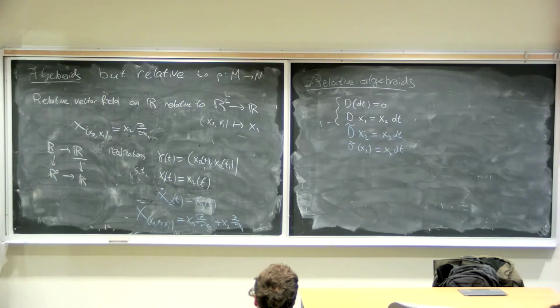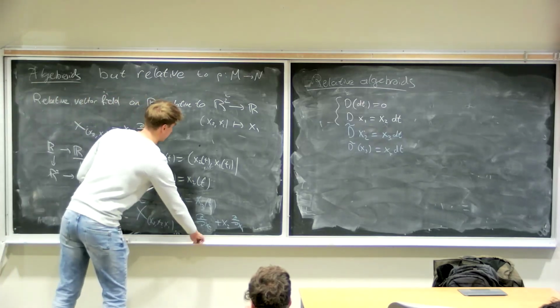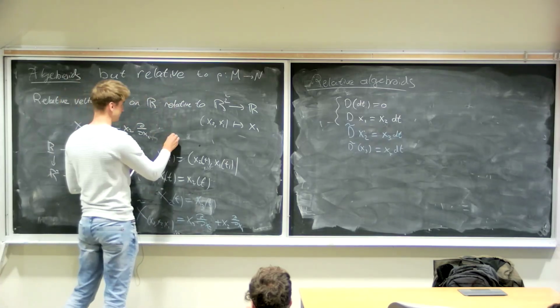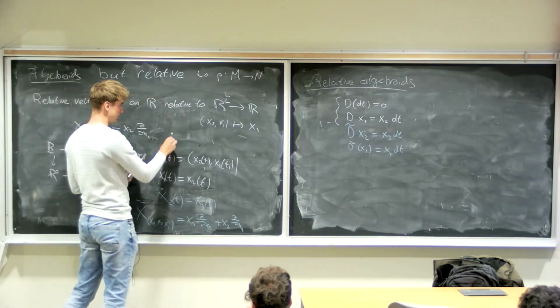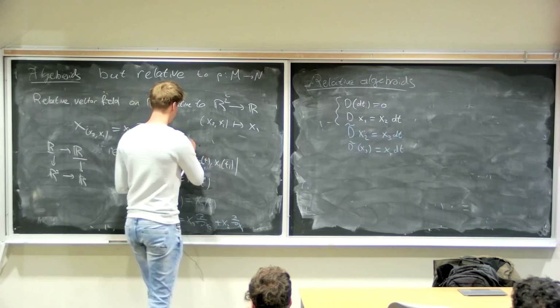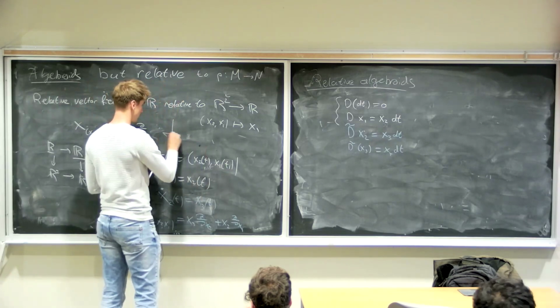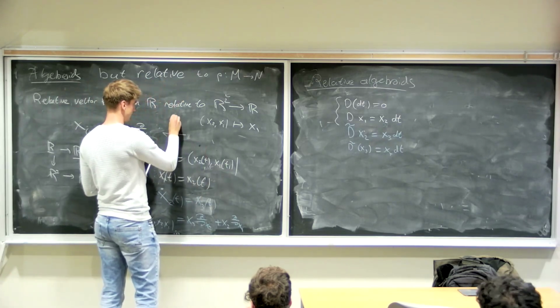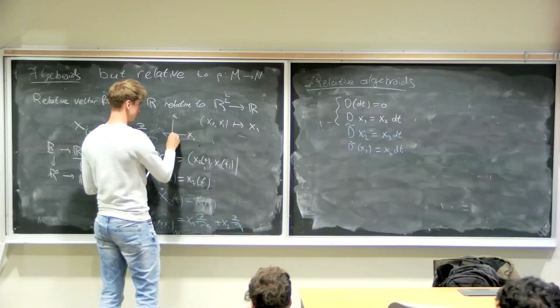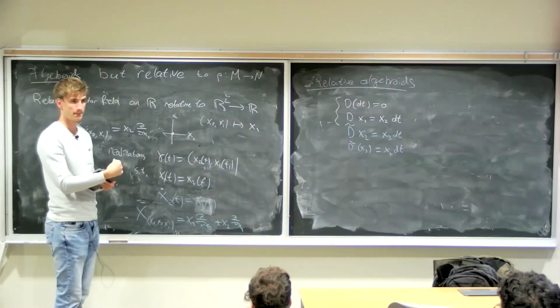There's also, in this example, you can already see solutions that, if you start, you have the zero solution starting at 0. So this would be the x2, x1. The zero solution would be an integral curve, right?